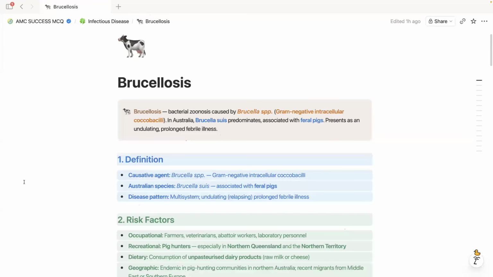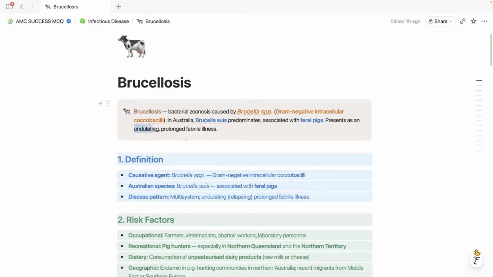Brucellosis is a bacterial zoonosis caused by Brucella, a gram-negative intracellular coccobacillus. In Australia, Brucella is predominantly associated with feral pigs and presents as an undulating, prolonged febrile illness.